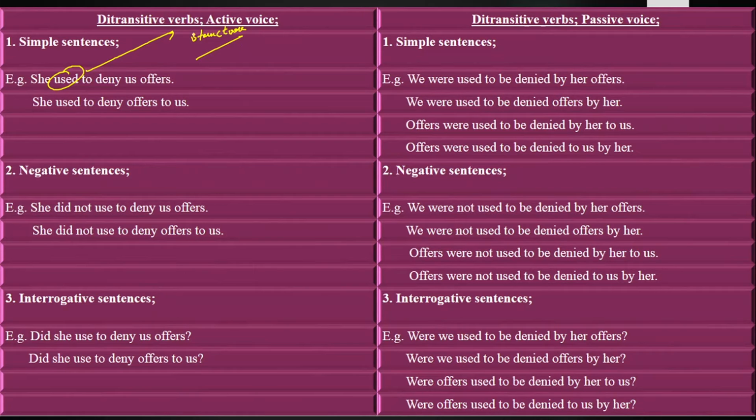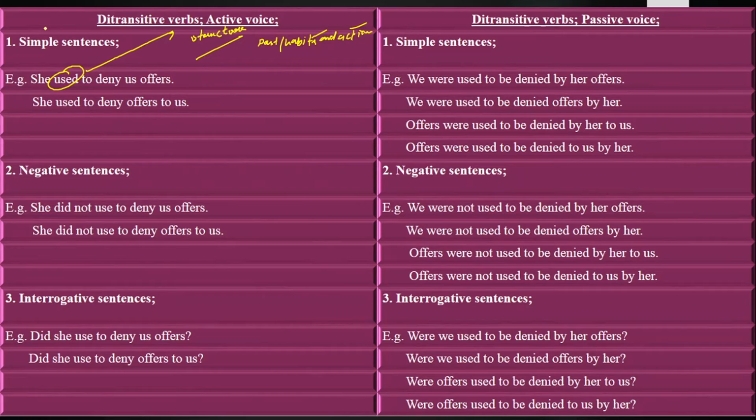And used to is used as a structure for past habits and actions, habits and actions which we used to do in the past, but now we have left doing them. Clear?